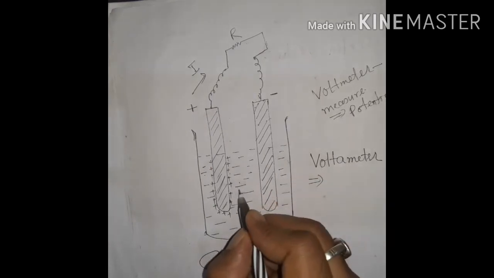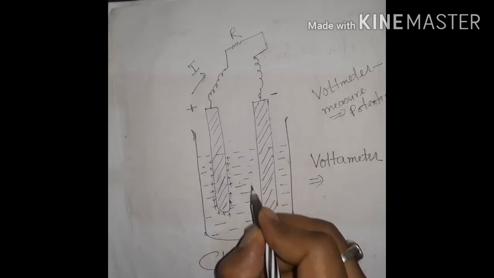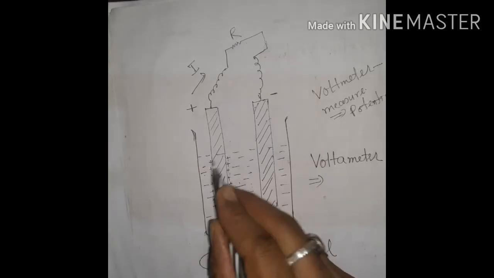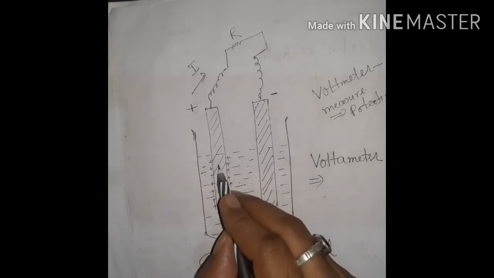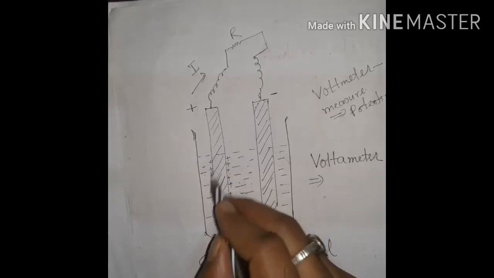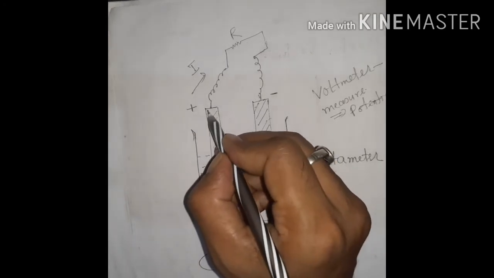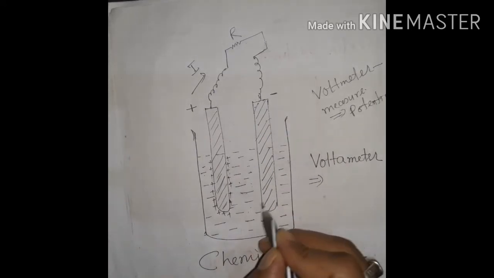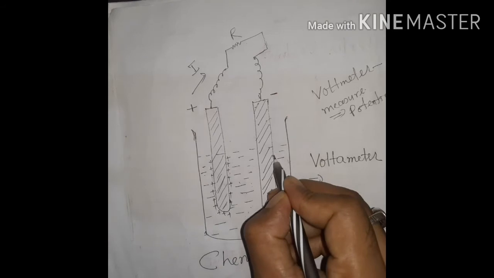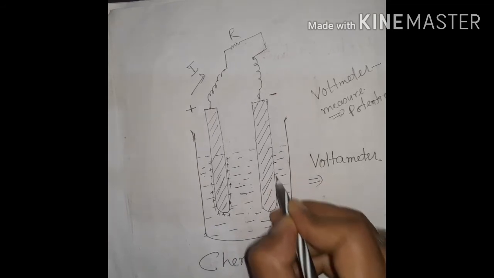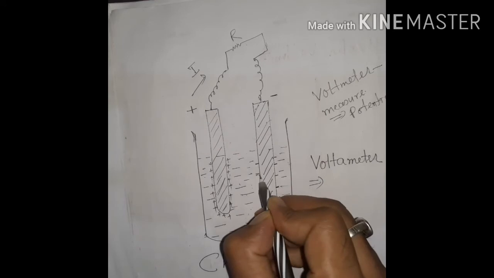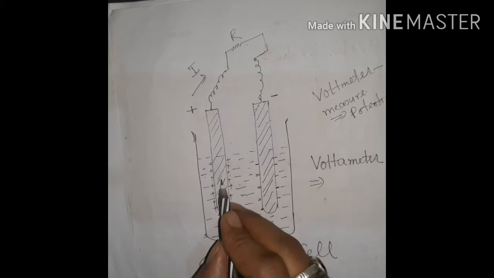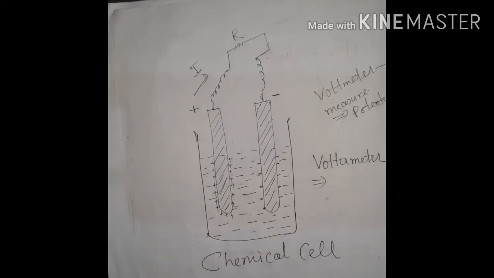Simultaneously, the positive ions from the solution go to this particular rod, making it positive, and this accumulation of positive charged particles produces a positive potential at this end. Simultaneously, the negative ions go to the other rod and make it negative. So this becomes a negative rod, forming a negative potential on this right side rod and putting positive potential on this left hand side rod.